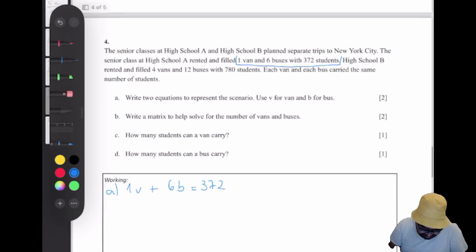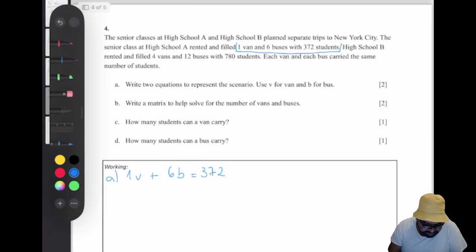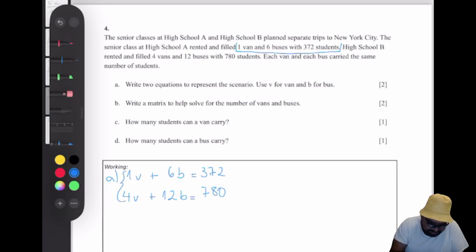Next one is High School B, which rented 4 vans and 12 buses. 4V plus 12B equals 780. We have our system of equations.